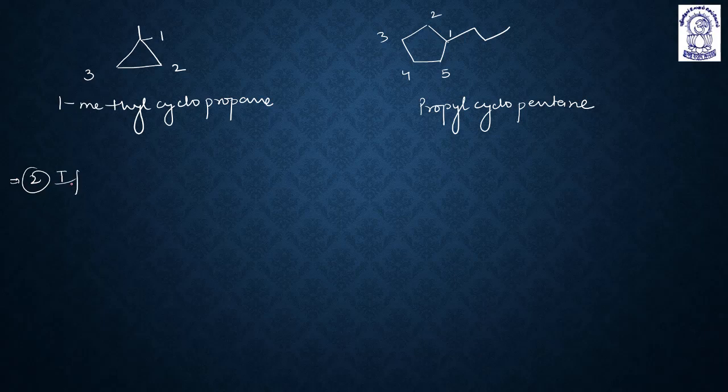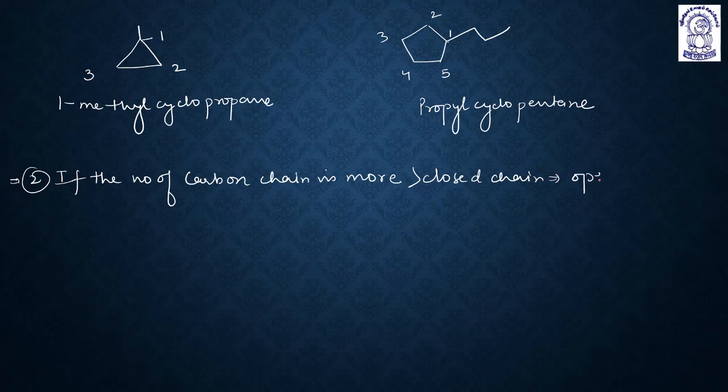If the number of carbons in the open chain is more than the closed chain, then the open chain will be the parent chain.